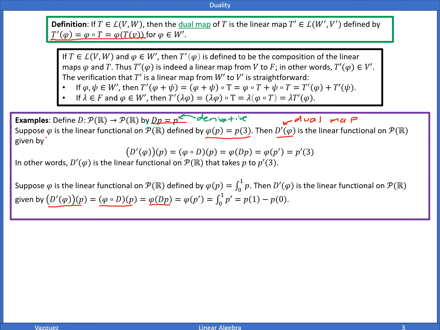Derivative of p is just phi of p prime now. And now if we integrate p prime, what do we get? Well, by the fundamental theorem of calculus, that's equal to p of 1 minus p of 0, which should give us a numeric value, or an element of F.